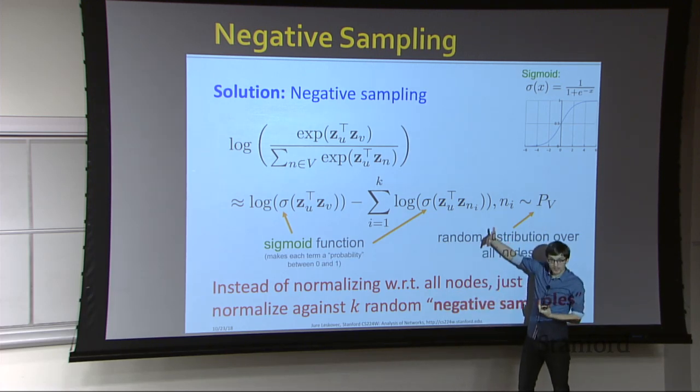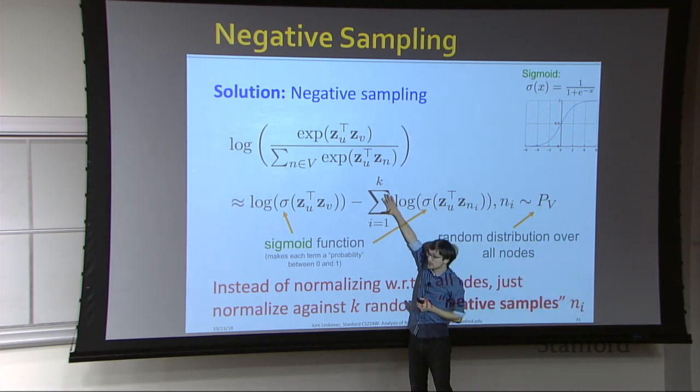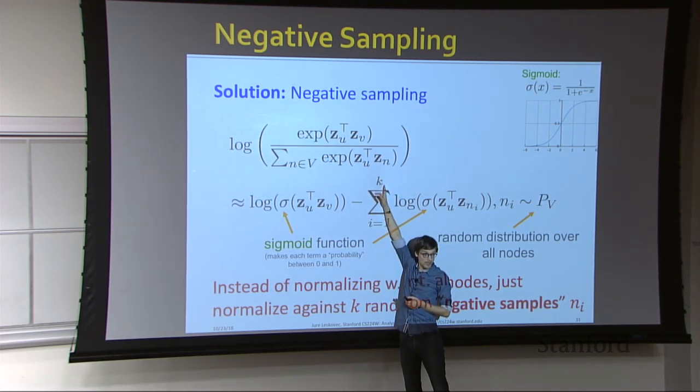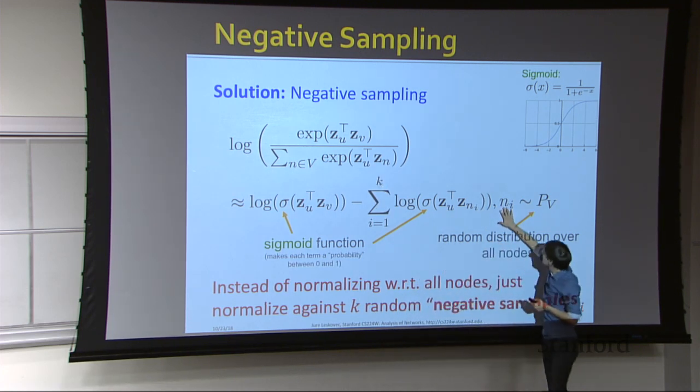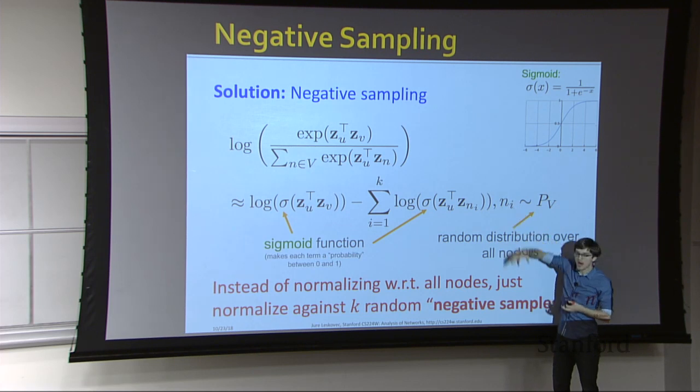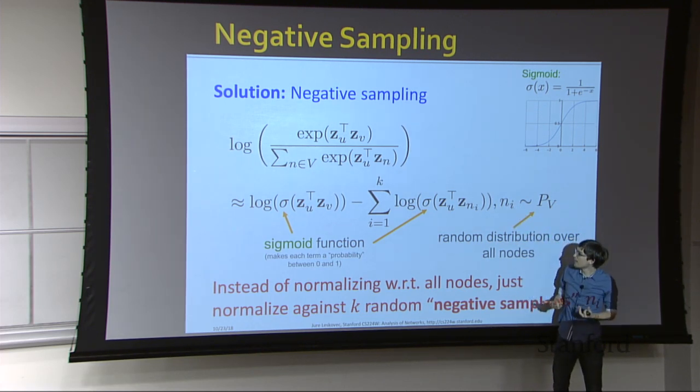Okay? So where does the approximation happen? It happens here because I'm not summing over all the n nodes of the network. I'm only summing over k nodes, which I pick at random from the network. And these nodes are called negative samples.